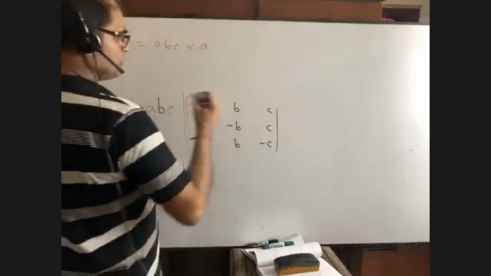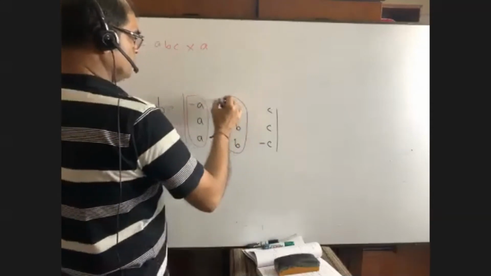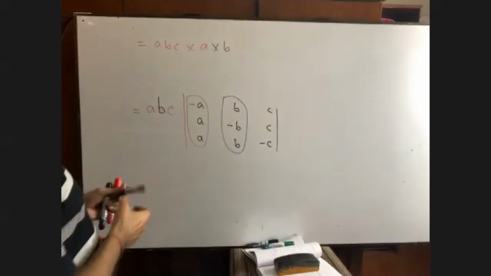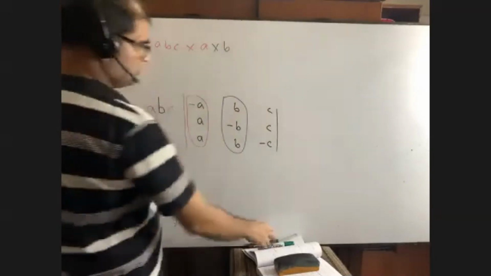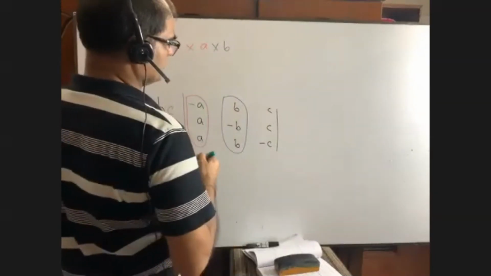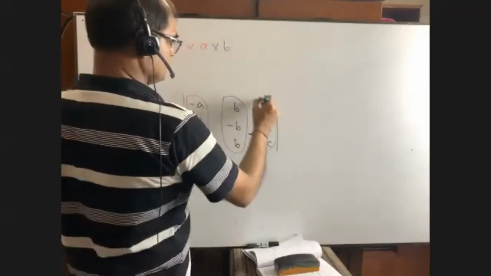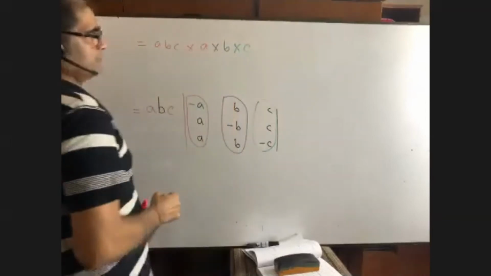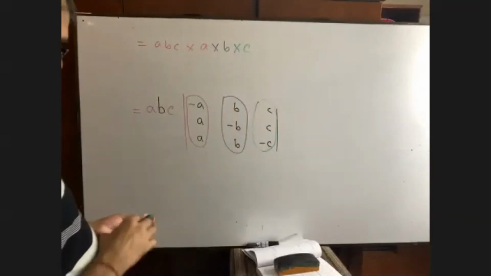From this second column we can take B common, right? And from this third column, what can be taken common? We can take C common. Am I right?